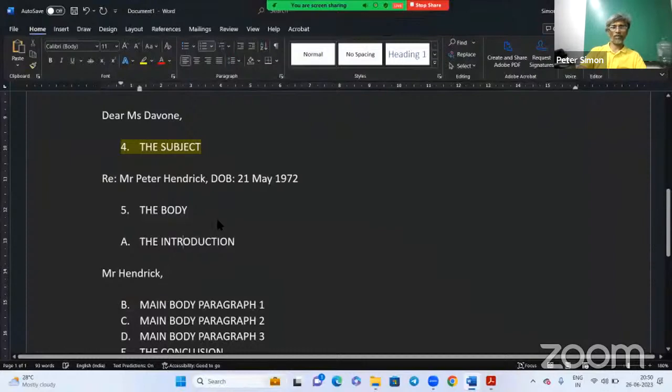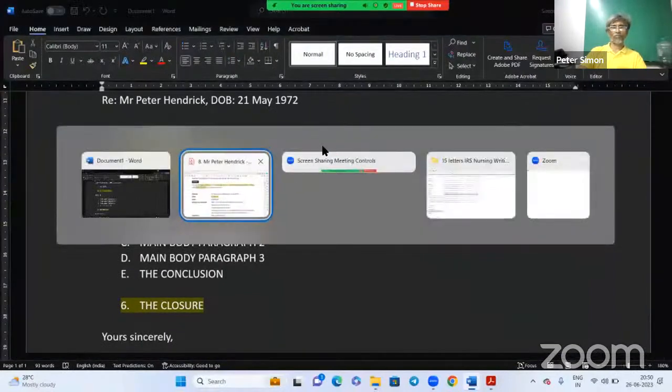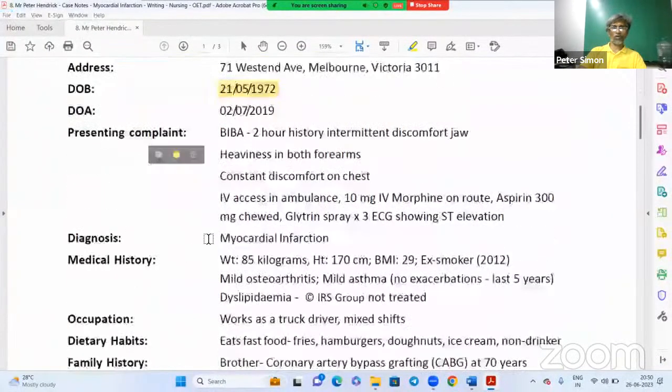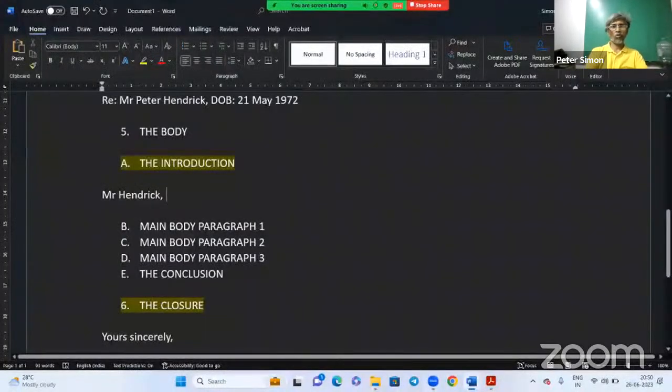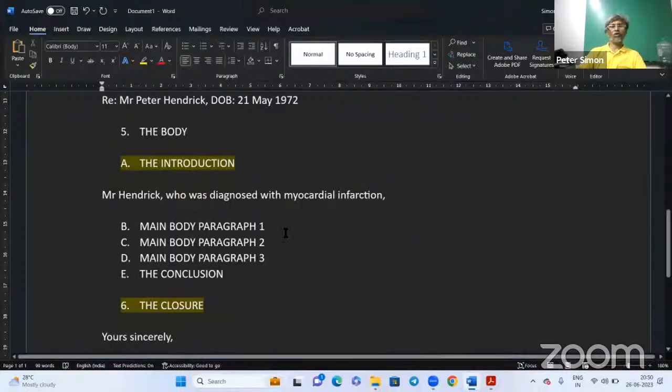So first we are dealing with the introduction. Right. So Mr. Hendrick. Now let us see, what is this? Diagnosed with myocardial infarction. So you can say, who was diagnosed with myocardial infarction? Be careful with the spelling. Mr. Hendrick who was diagnosed with myocardial infarction.